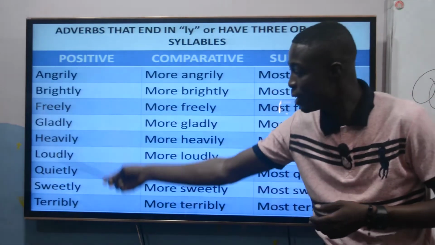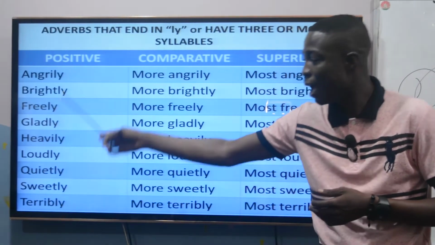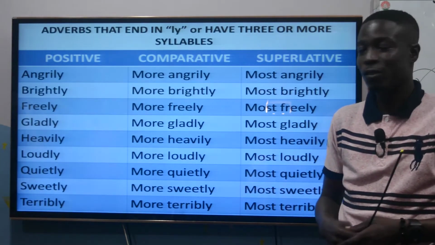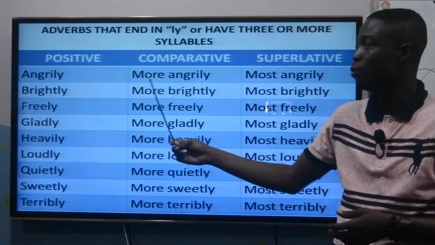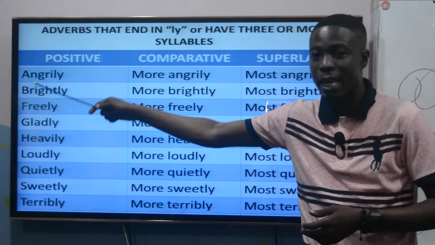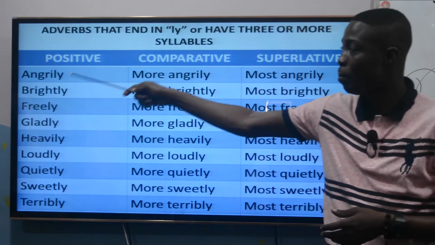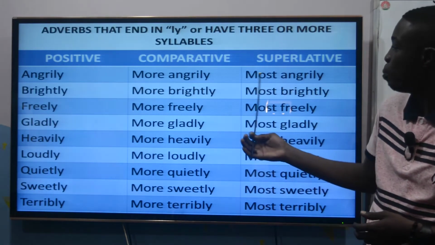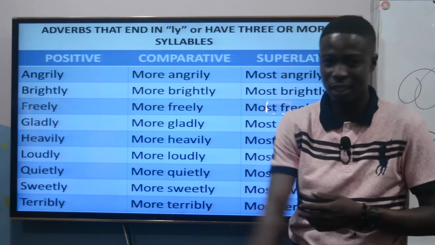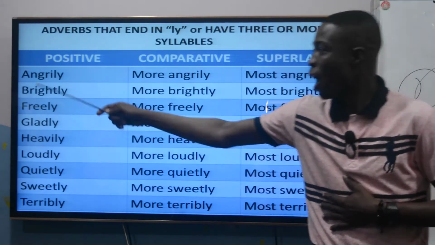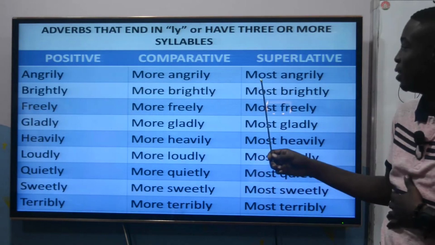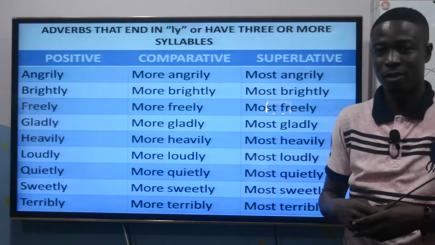In the comparative, we use more with the same positive form, and in the superlative, we use most with the same positive form. So angrily: comparative is more angrily, and superlative most angrily.